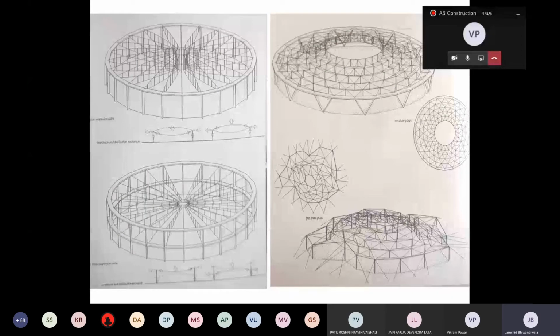Here are other forms, thereby allowing you to use suspended girders, suspended bowstring trusses.